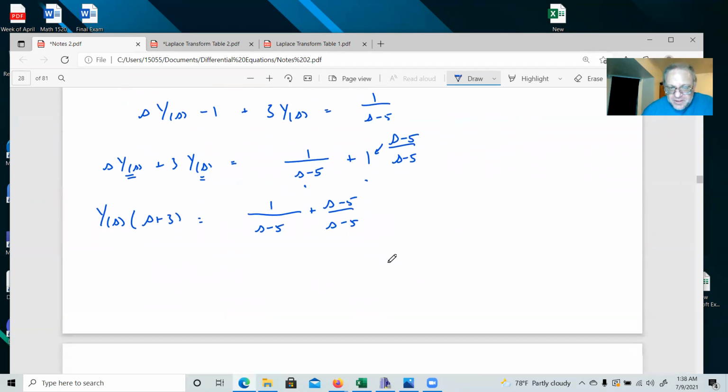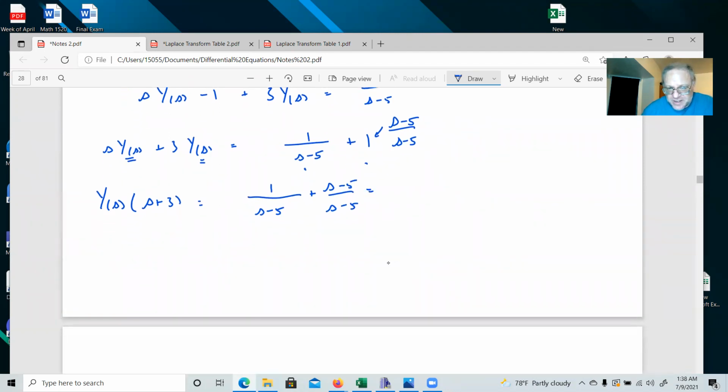Okay, so what's that going to give us? That's going to give us s minus 4, right? Minus 5 plus 1 over s minus 5. So we're going to have Y of s is equal to s minus 4 over s minus 5 times s plus 3.